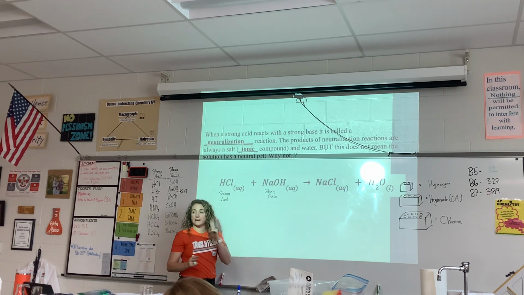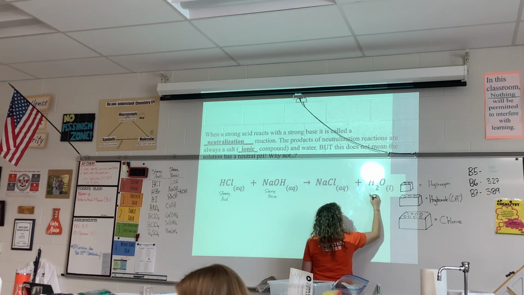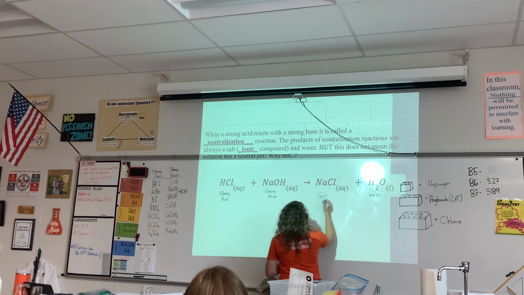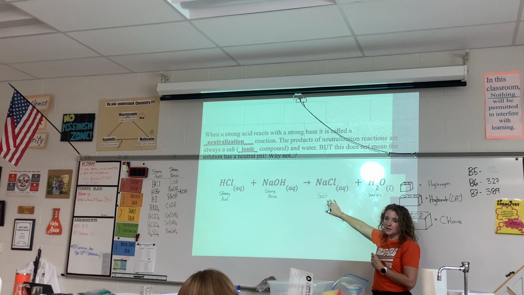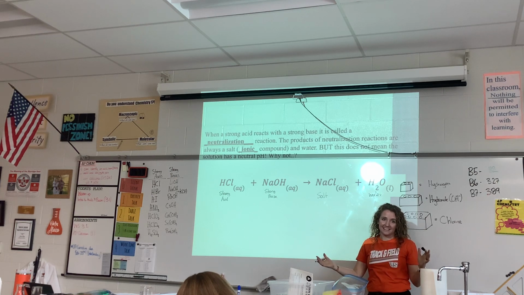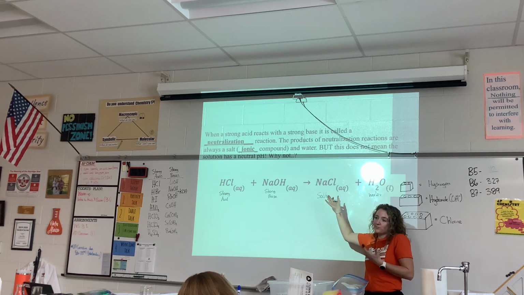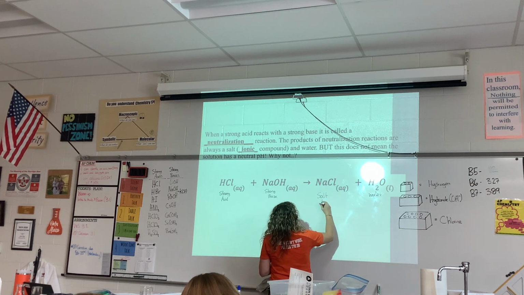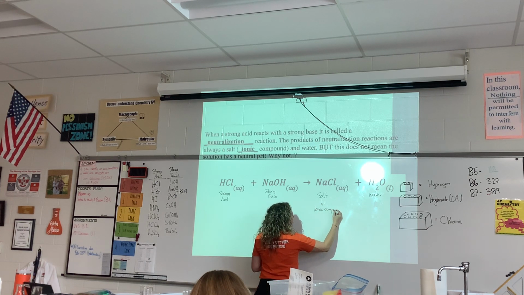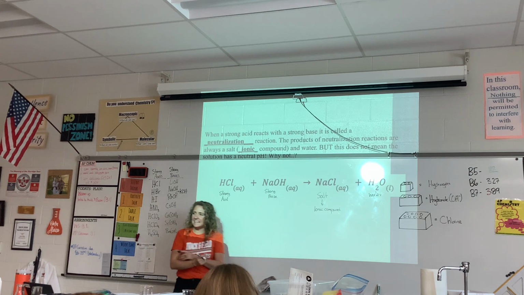The two products it always makes is water and a salt. Reminder that the word salt in chemistry includes anything ionic. In this case, it's actual table salt. But a salt, when I use the term, is any ionic compound.